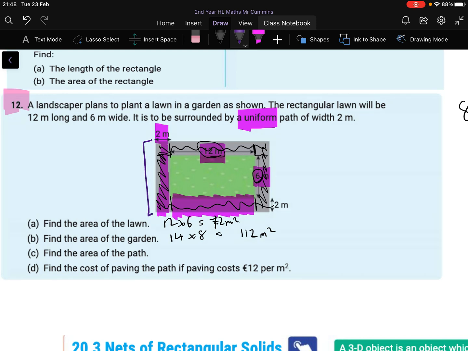So the area of the path: we know the width of the path is going to be 2. So we're going to have 2 as the width by the length, which is our 6 plus 2 plus 2, so 2 by 8. And then we're going to find the area of one of the middle bits. That's going to be 12 by 2.